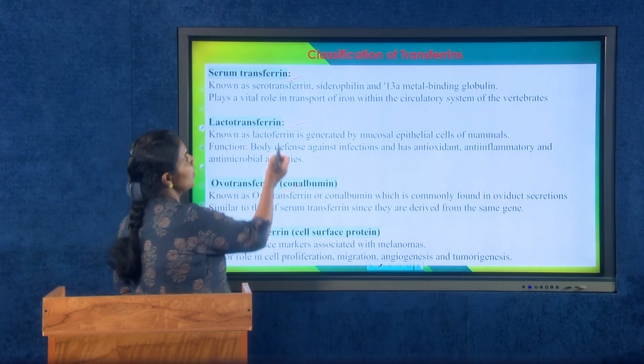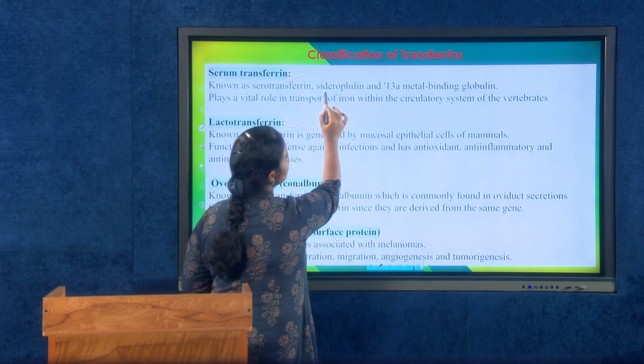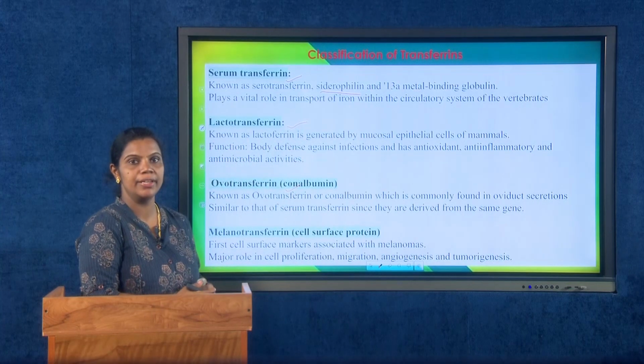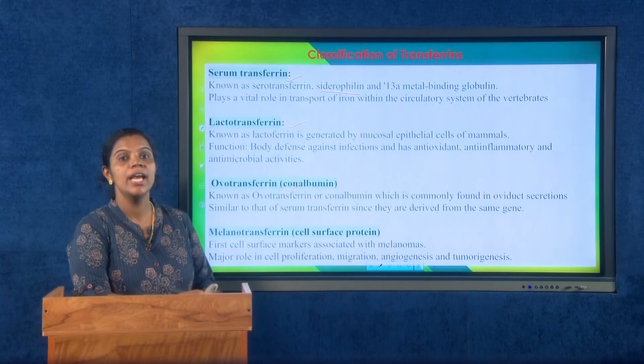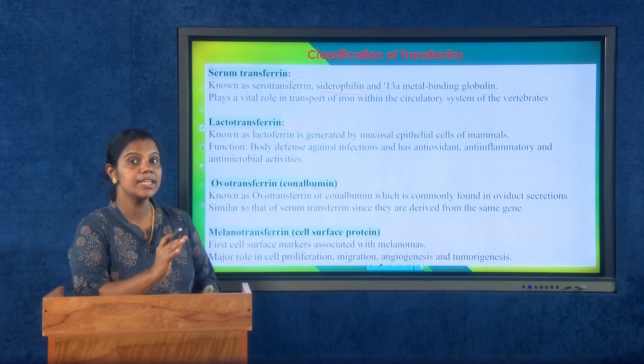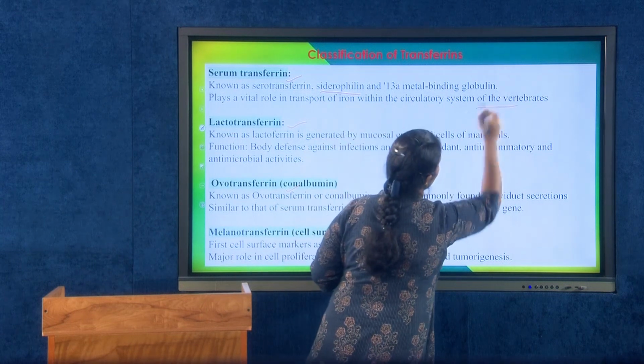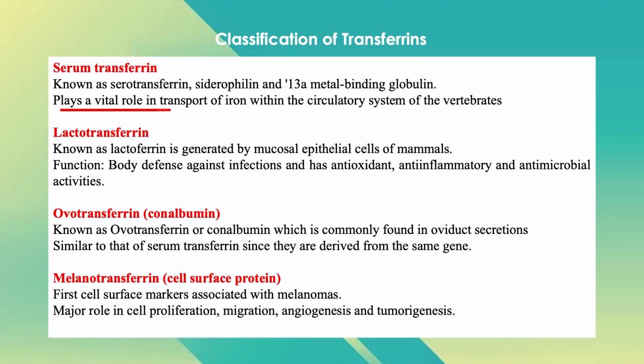These are also known as serotransferrin, siderophilin and beta-1 metal binding globulin. It plays a vital role in the transport of iron within the circulatory system of vertebrates, including humans.